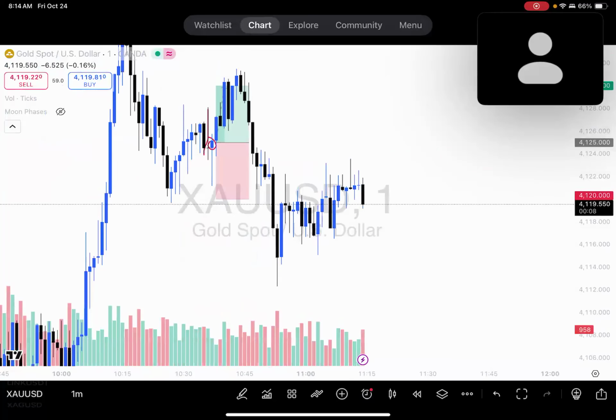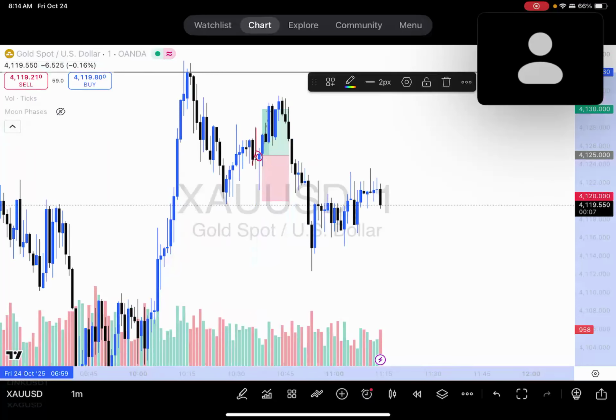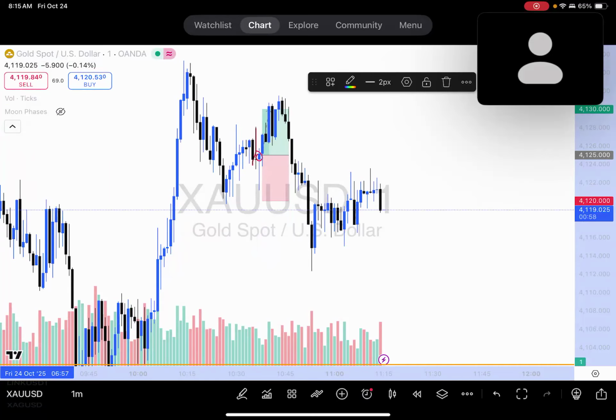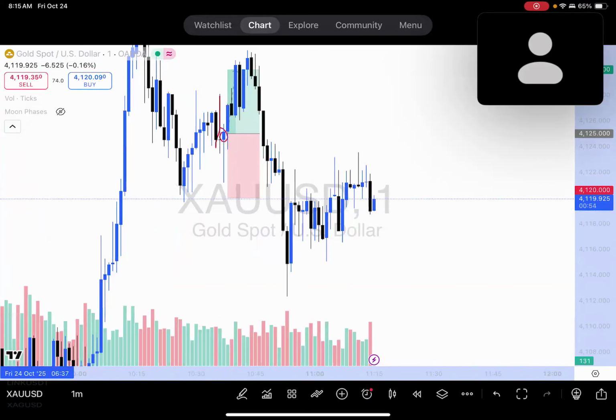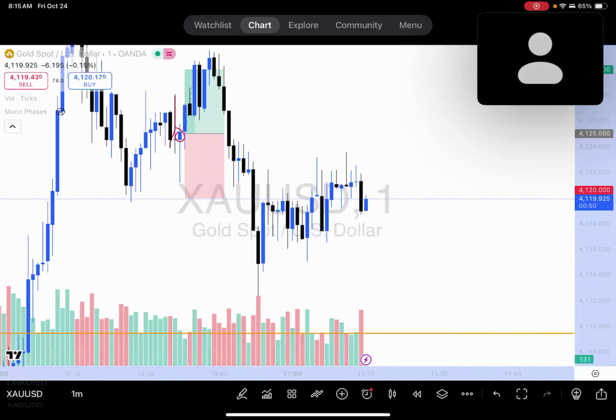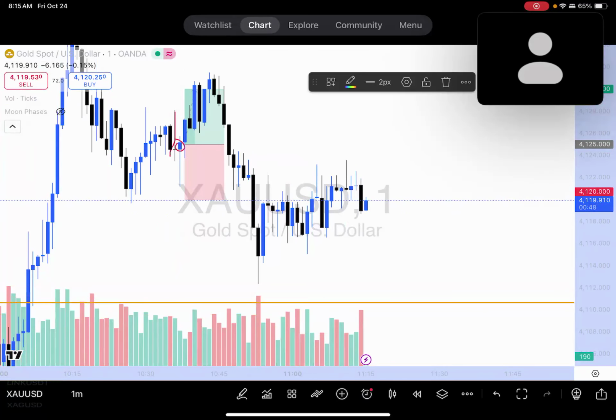Let's just see how this continues to play out, right? Sometimes it takes a few candles for the market to play out, depending on which way it goes. Right now we have a strong bearish candle close there on the 1 minute. Let's see how this continues to react.